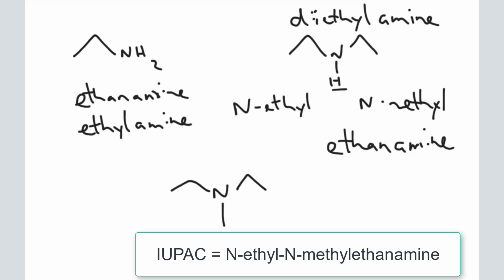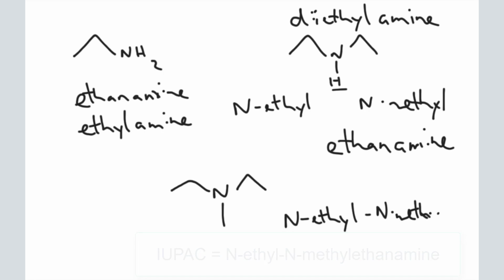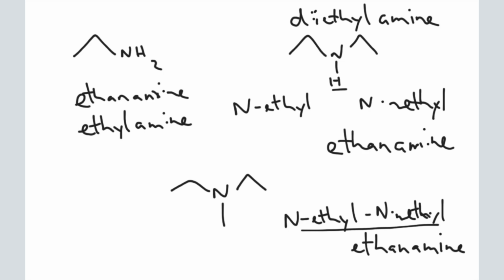If we were to go through this alphabetically, I would call this an N-ethyl, N-methyl ethanamine. Or, I won't rewrite this, the N-ethyl ethylamine instead of the ethanamine. So the other way of naming is N-ethyl, N-methyl ethylamine.